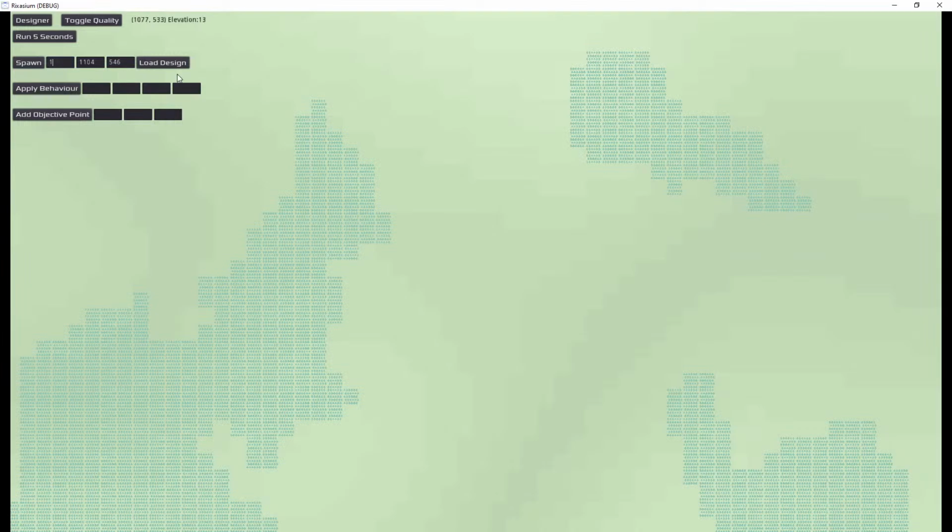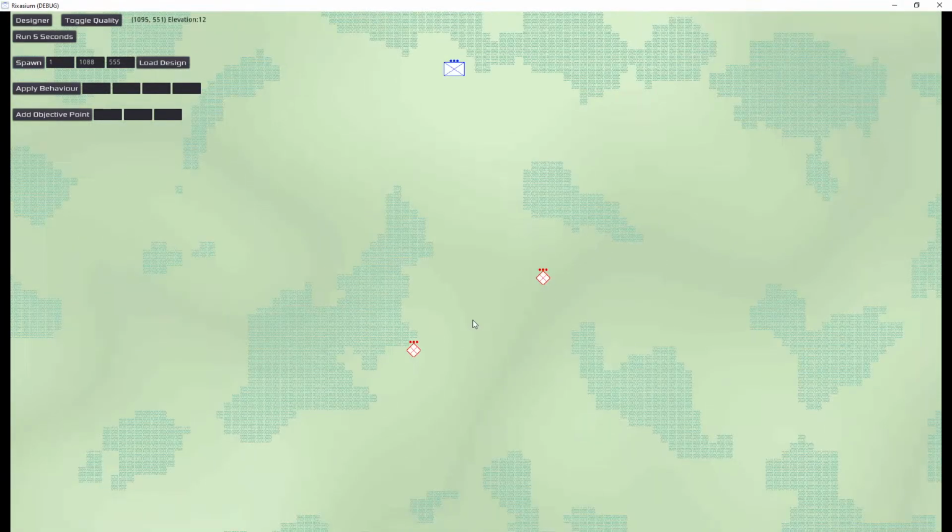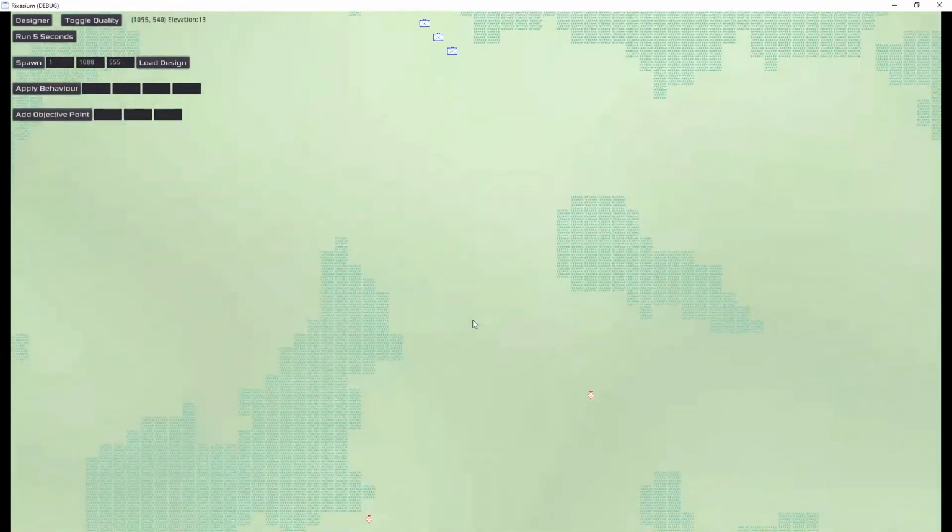I have to upgrade the tool later. 555. Here, platoon markers.